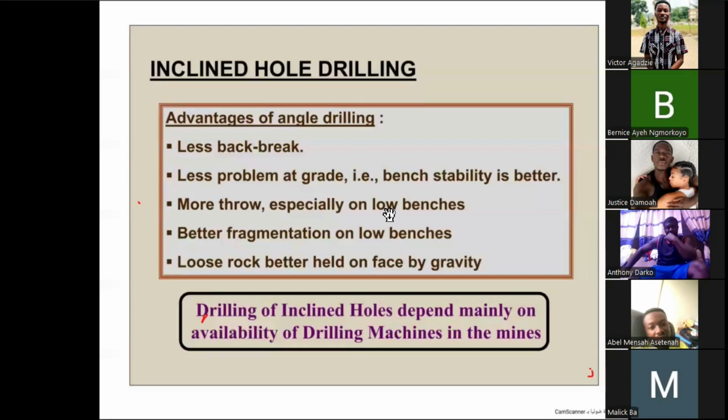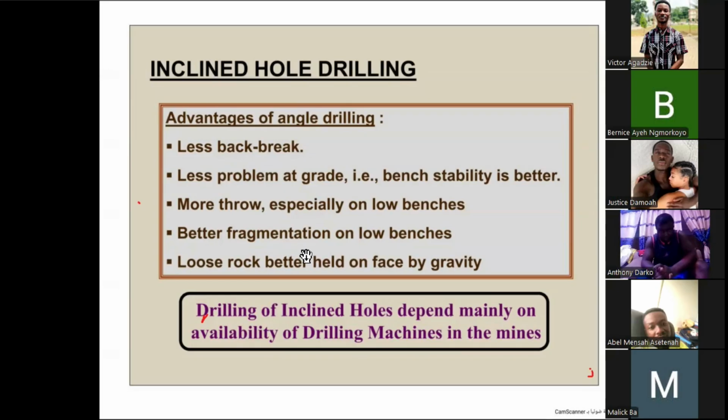Less problem at the toe, the bench stability is better. More true, especially on low benches. We have better fragmentation. So if you want better fragmentation, you have to reduce your pattern size.